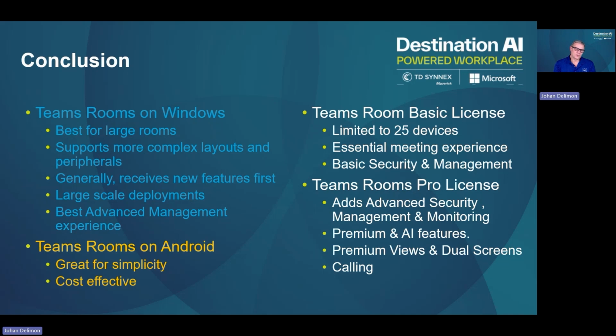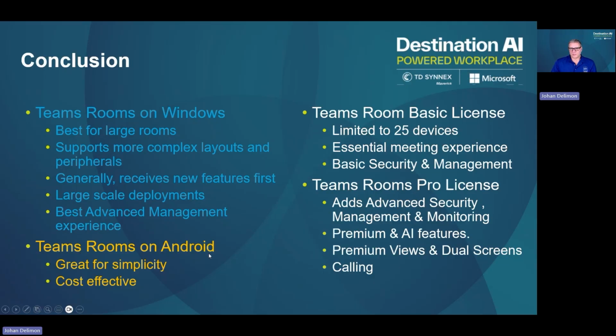It's not always like this, because sometimes Android gets something first, but in general, I would say this is the case. So Windows is best for large-scale deployments, certainly if you look at Autopilot deployments, and for the most advanced management experience with the Pro Portal.